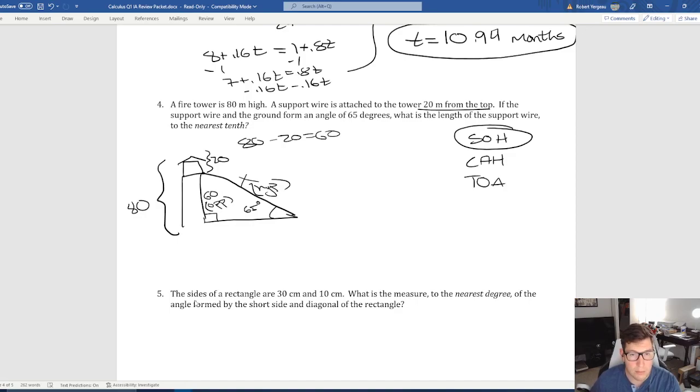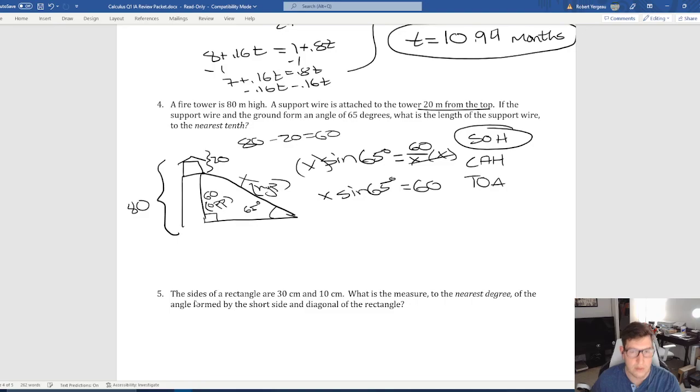So the sine of 65 degrees is going to be equal to opposite, which is 60, over x. Now it's just a matter of solving for x. We've broken down the trig, and now we're really only left with algebra. I'm going to multiply both sides by x to get it out of my denominator, so x times the sine of 65 degrees is equal to 60.